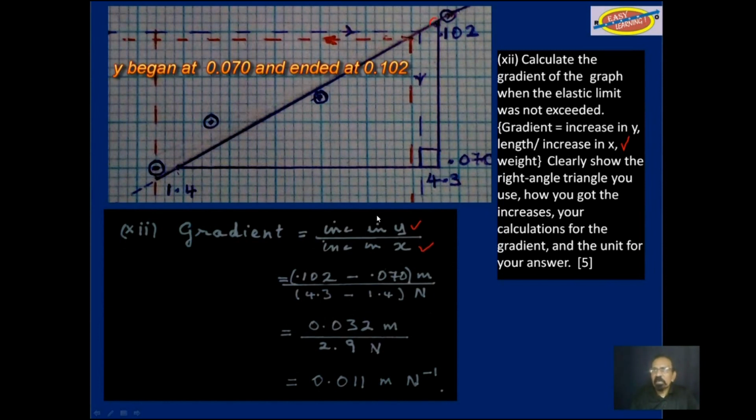Now y started at 0.070 and ended at 0.102, so the increase in y will be 0.102 minus 0.070 meter, and the increase in x started at 1.4 there and ended at 4.3, so it will be 4.3 minus 1.4 Newton. You work that out and you get 0.011 meter per Newton. You have to state your unit. Clearly state the unit for your answer.